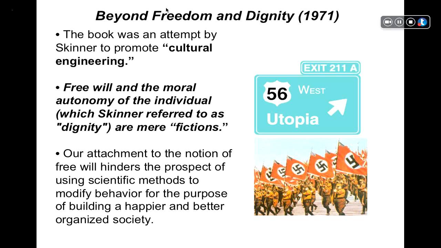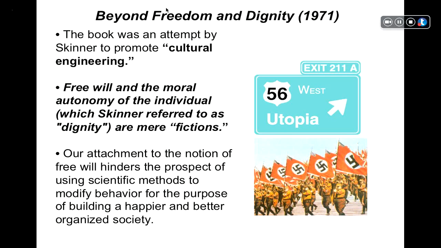Beyond Freedom and Dignity is so named because what Skinner identified as the major obstacle was this notion of free will. That is, according to Skinner, free will is an illusion. It's a convenient construction to explain why we do what we do. But it has no place in Skinnerian behaviors, because it truly is an illusion, according to Skinner.